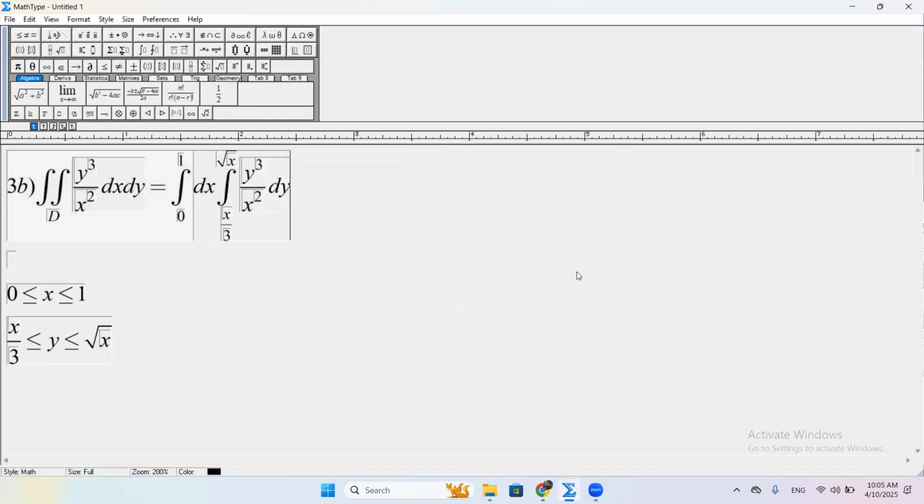Now we can simplify this integral a little bit. Here we have a kind of division, and we can move x to the outer integral. So 1 over x squared. In such a case, if we have a product, we can do the following.